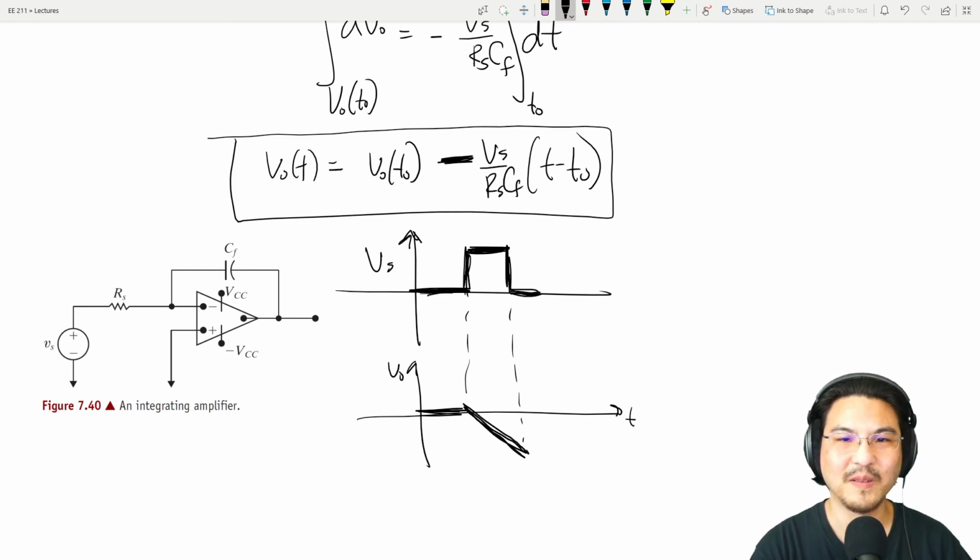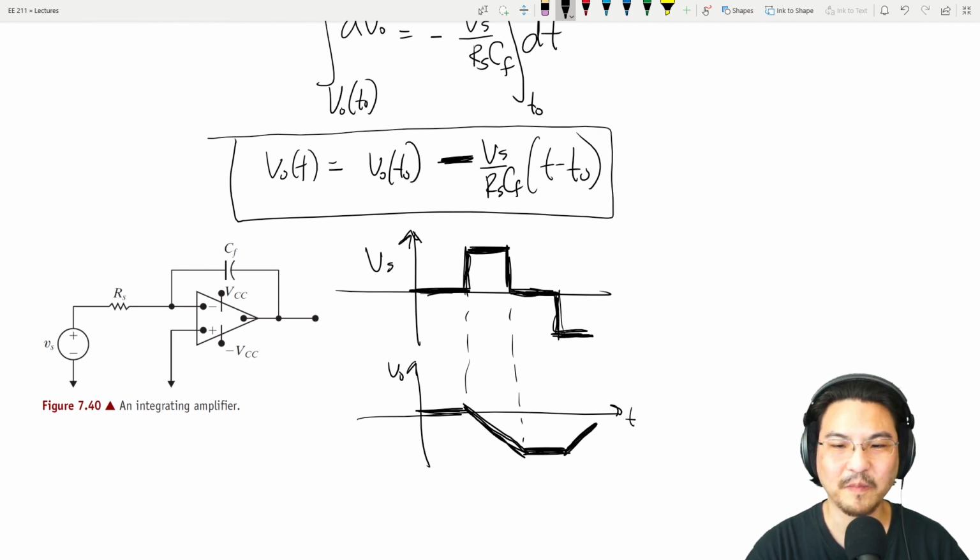This will be 0. So then this will no longer be 0. So it would look like this. Right, and then if we, let's say, go this way here, what would happen? It would look like this. Okay, and then if we go back to 0, like this.